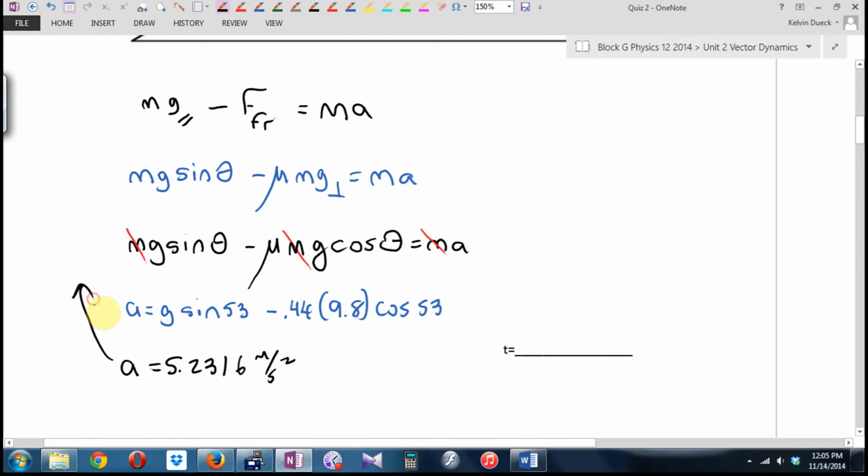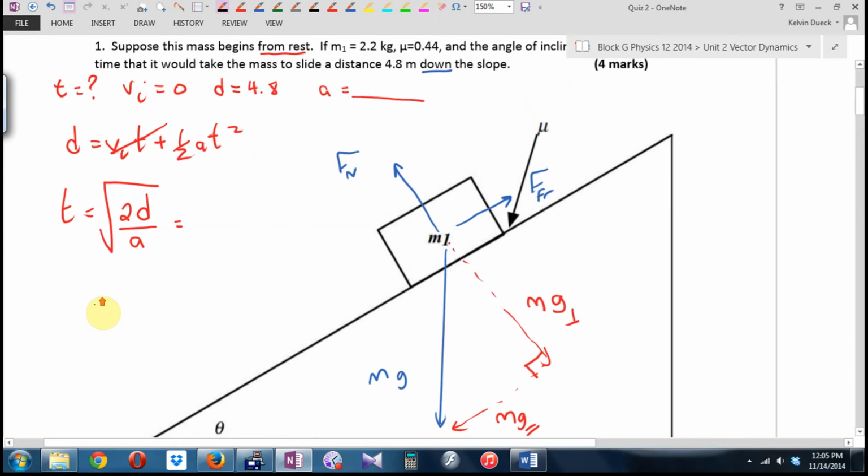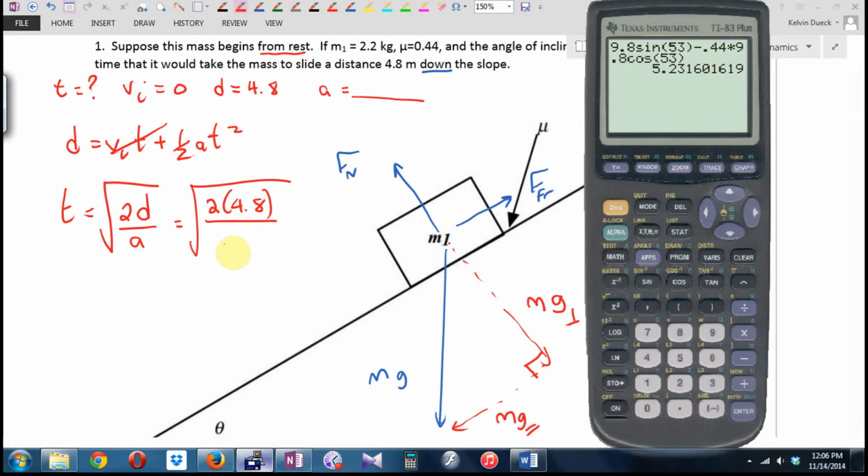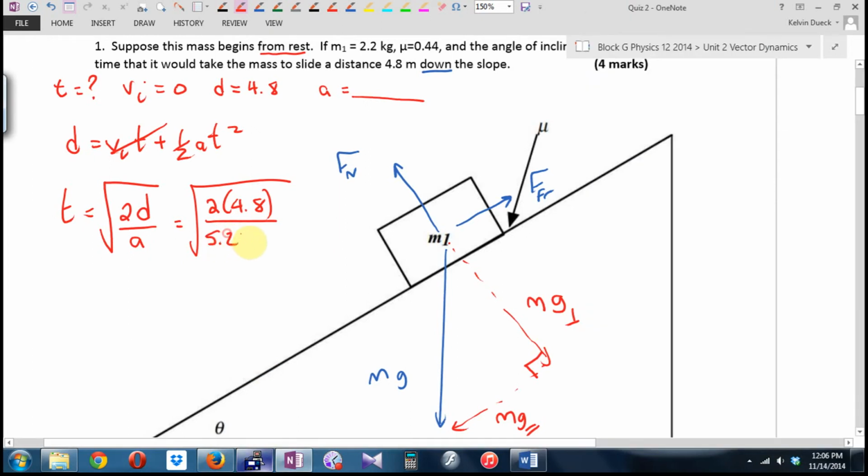And now I'll plug that in way up here. The square root of 2 times 4.8 all over 5.231. Are we slowing down or speeding up?